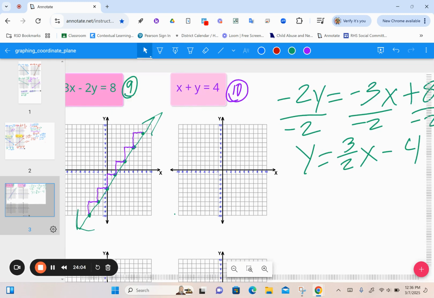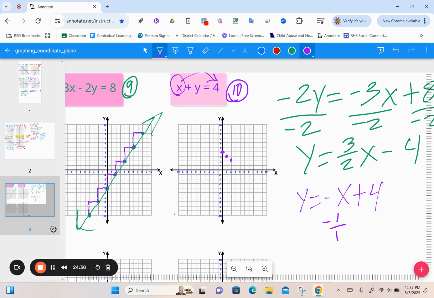So let's look at the purple one. And again, we're going to solve it for y, we're going to pick this x up, move it over. So we're going to have y equals negative x plus 4. So now we're going to go ahead and graph that. Plus 4 is up here. Remember, negative x, negative 1 over positive 1. So that's just down and to the right. You'll pick up really quick.